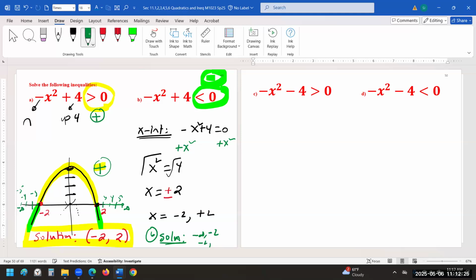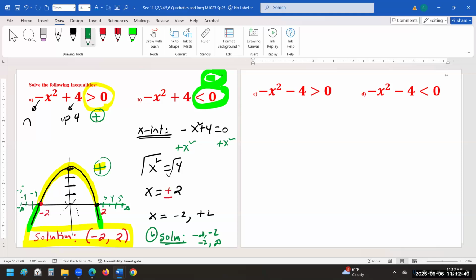Also from -2 to positive infinity. Whatever we have here, all these x values give us negative y values, right? 3 gives us this number, 4 gives us this, 5 gives us this. So all of these x values give us the negative y values.